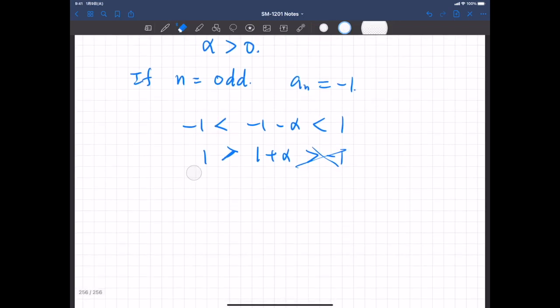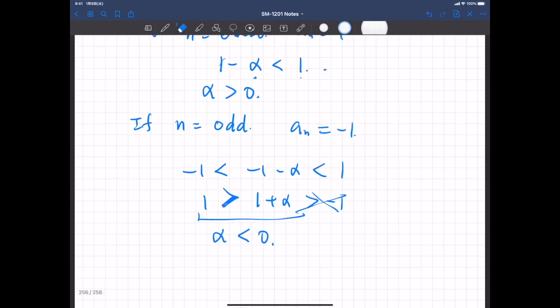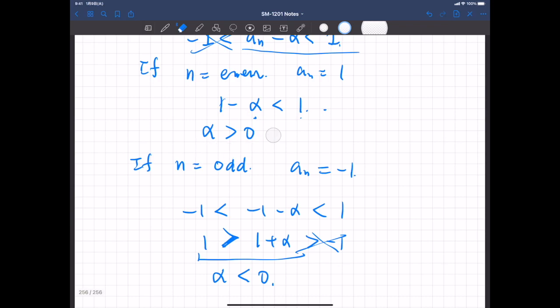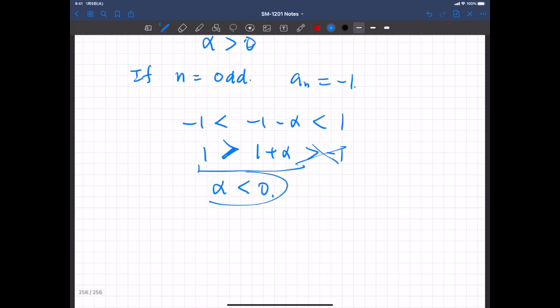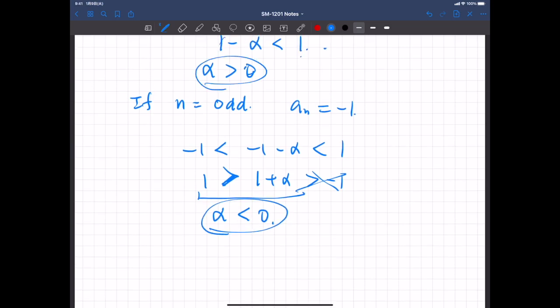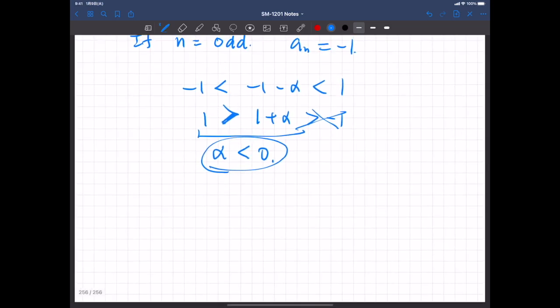So from the first inequality, we have alpha less than 0. So that means alpha is positive as well as negative, which is obviously a contradiction. Therefore, the sequence an does not converge. It diverges.